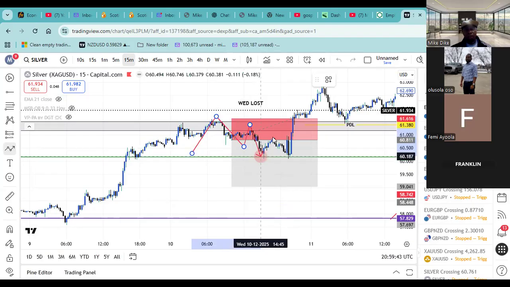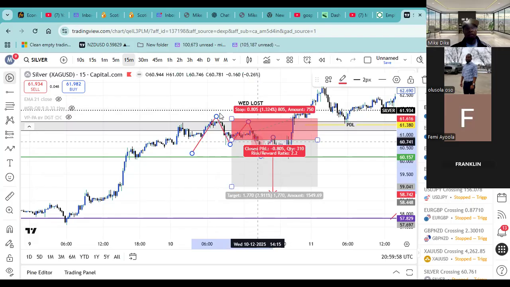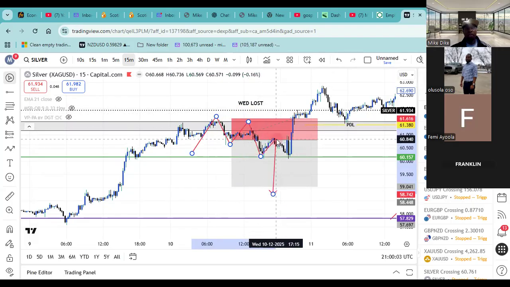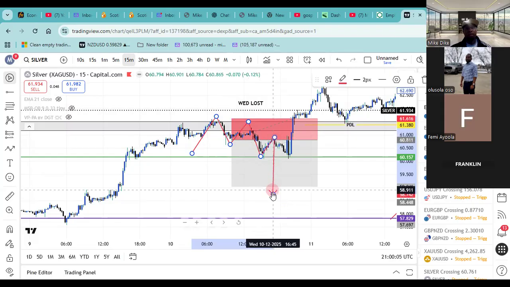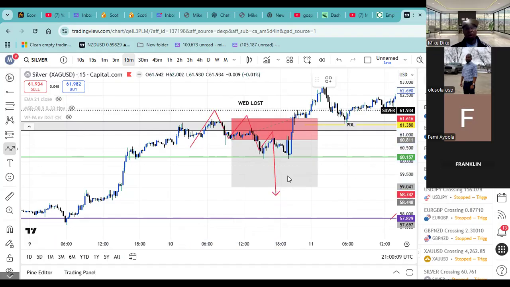I was waiting for it to come here, retest, then sell. So this is what? Double top, right? This is an M pattern. I'm waiting for it to retest here, then continue to sell, but it didn't go. So I already understand what happened.